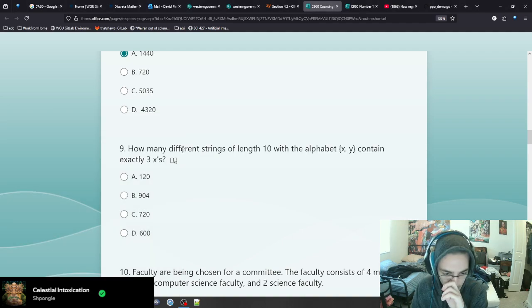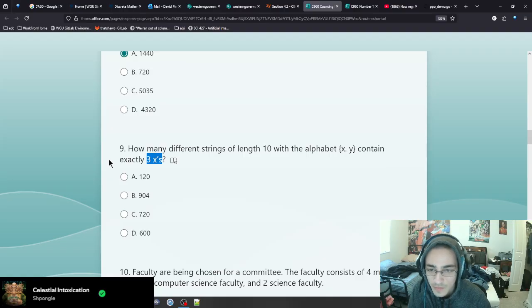Okay, I'm thinking, if we combine combinations with permutations, I'm just thinking out loud here, don't we multiply how many combinations of places we can put the 3 X's in, times the permutations of where the Y's can go?